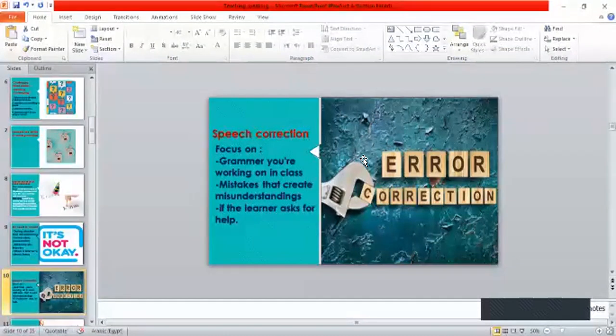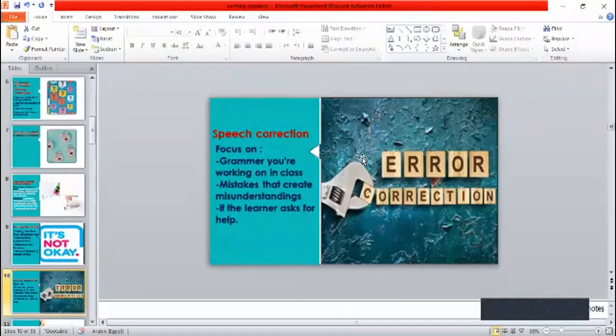So help them by correcting the mistake. Okay. Number three, if the learners themselves ask for help. So they say, "Miss, please, what can I say here?" Or "Is it right or wrong?" So you can correct them if they want correction.